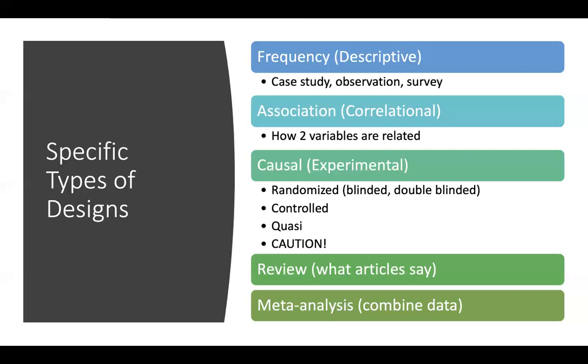A meta-analysis article is a little bit similar to a review, but instead of summarizing what the articles say, it actually takes the data that's reported in each article and combines all that data together. There are specific ways of combining data so that statistically it makes sense.